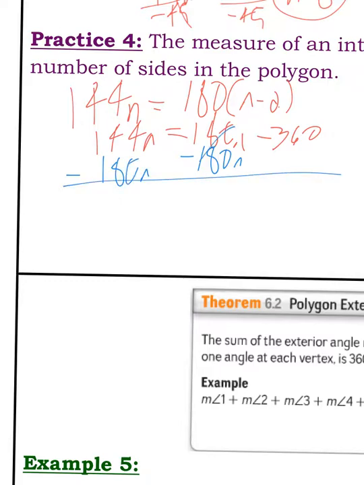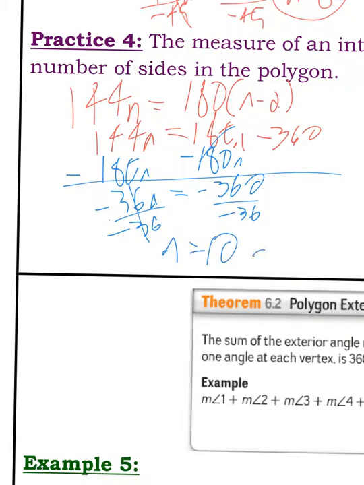And 144 minus 180 is negative 36n equals negative 360. So when I divide, I get 10. N equals 10. So that's 10 sides.